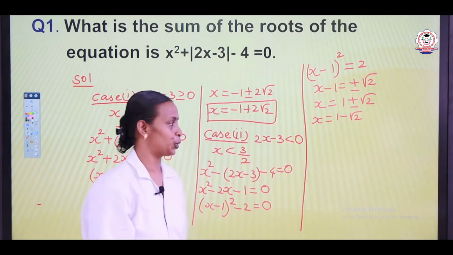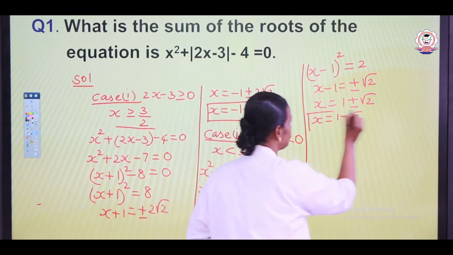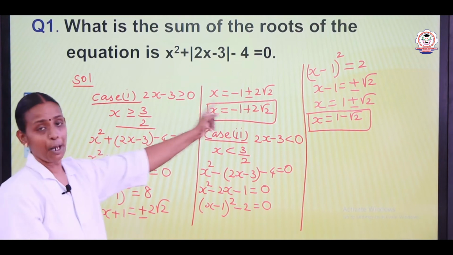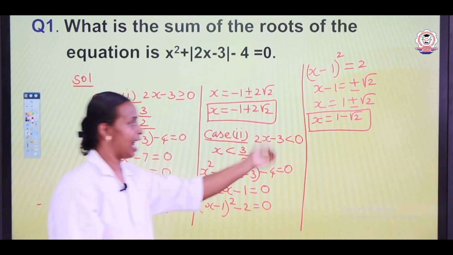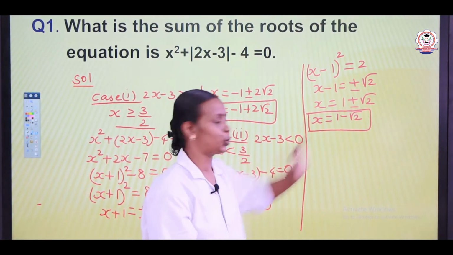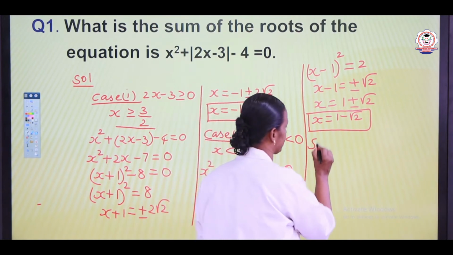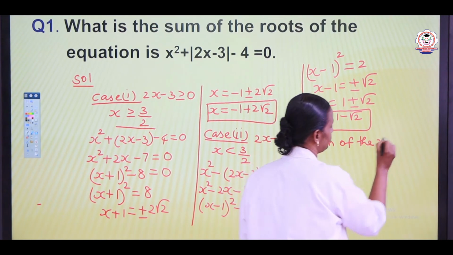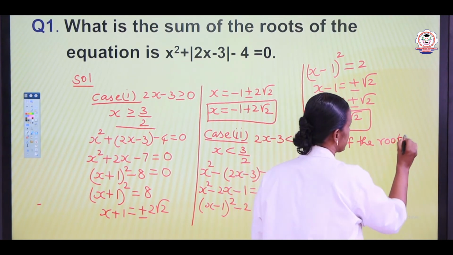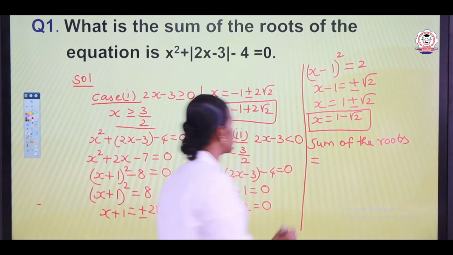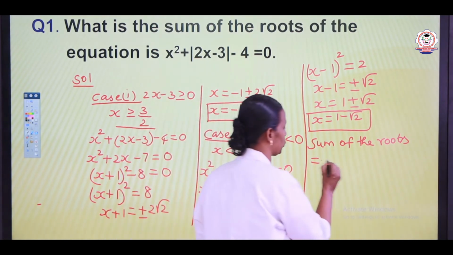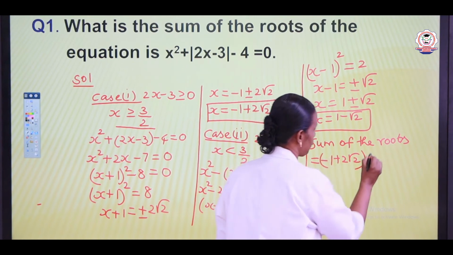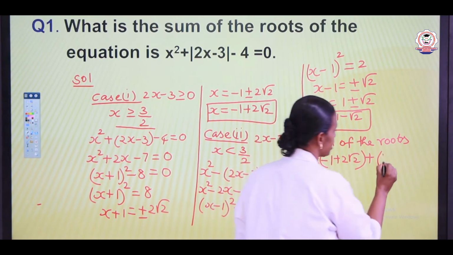Now we want to find the sum of the roots of the equation. One root is minus 1 plus 2 root 2. Another one is 1 minus root 2. Sum of the roots is equal to, first one minus 1 plus 2 root 2, second one plus 1 minus root 2.